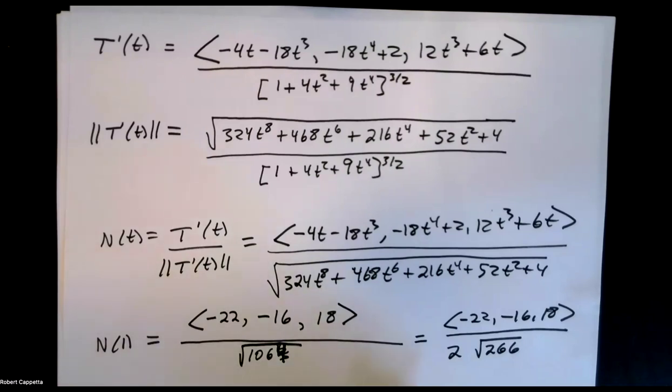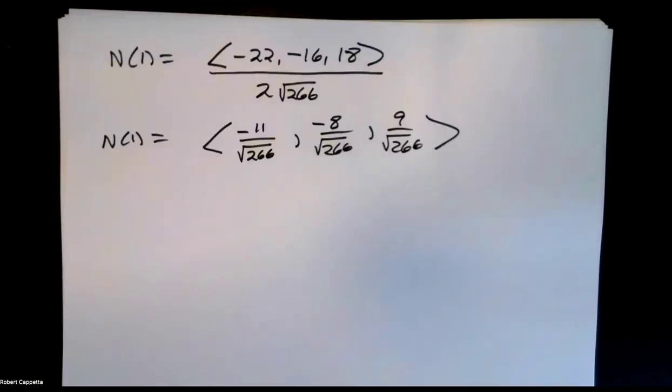Simplifying that radical, 4 times 266 is 1064. Root 4 is 2, which will indeed make that relatively easy to reduce. And after all that work, we have N of 1 is negative 11 over root 266, negative 8 over root 266, and 9 over root 266.